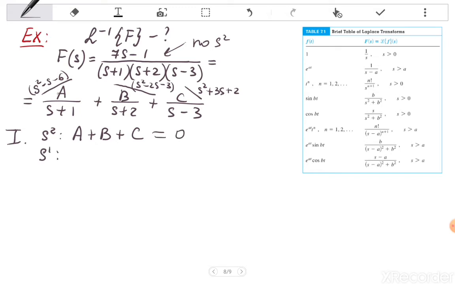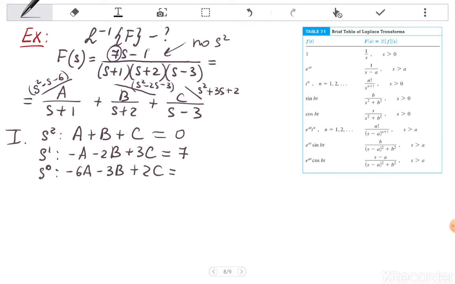For s to the first power, when we multiply, we get minus a, minus 2b, and plus 3c, and the coefficient of s for our function is 7, so this is equal to 7. For s to the 0, the constant coefficient is minus 6a, minus 3b, plus 2c.